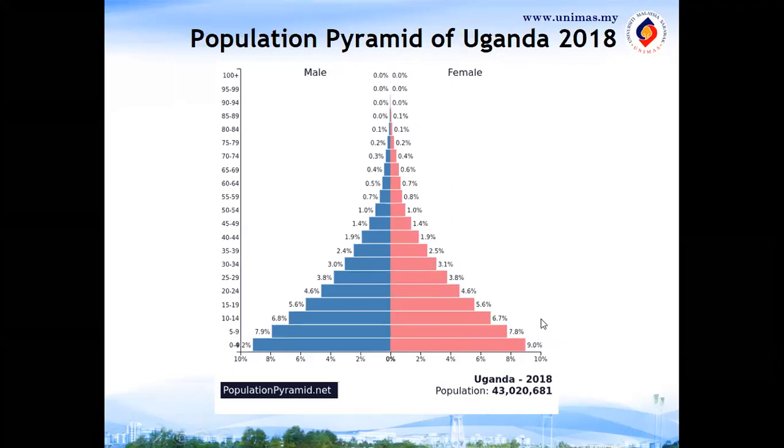Imagine if the mortality rate were low, you would see the shape of the pyramid go from here to here, but not in this one. So this is a result of a lot of dying, or deaths at every stage.